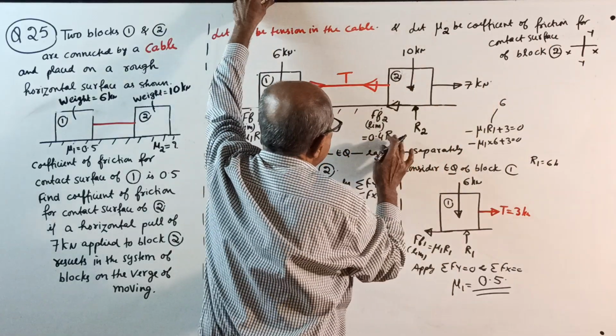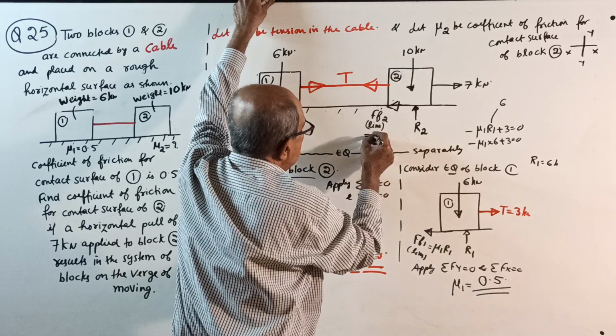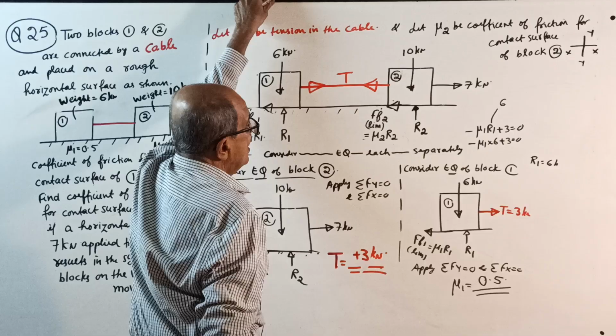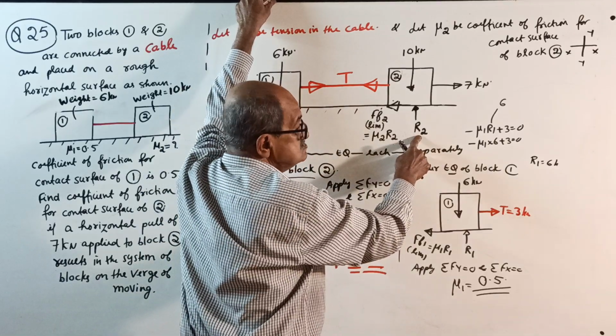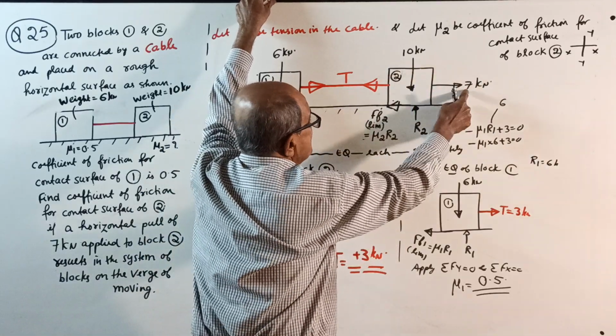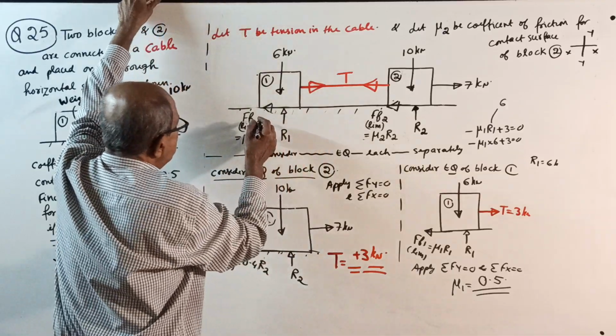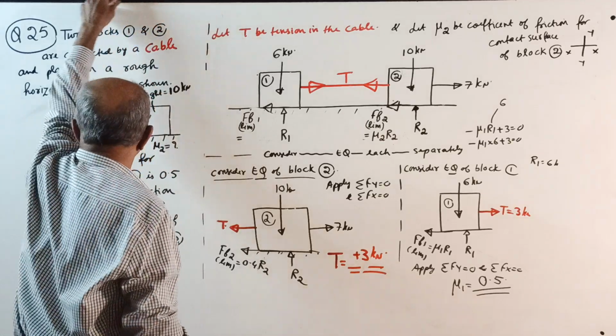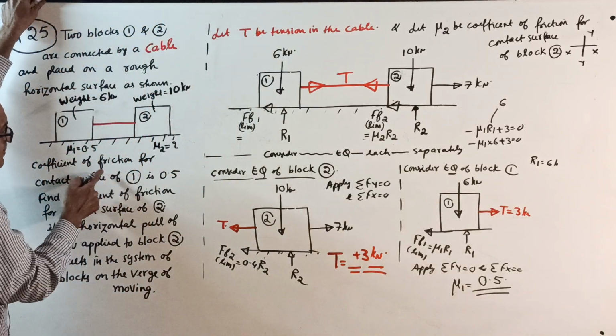And therefore, this is mu2 into R2. This is R2. This is tension 7, same. But here, FF1 is here. Mu1, they told 0.5.